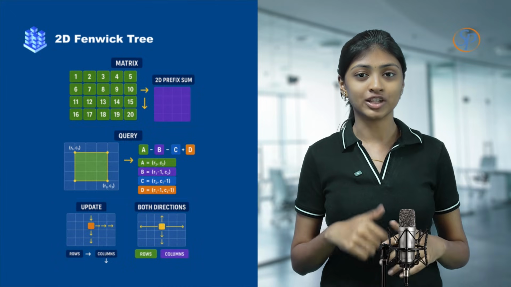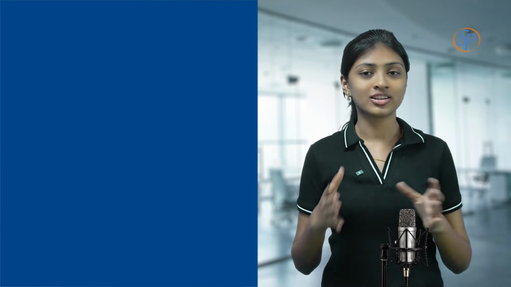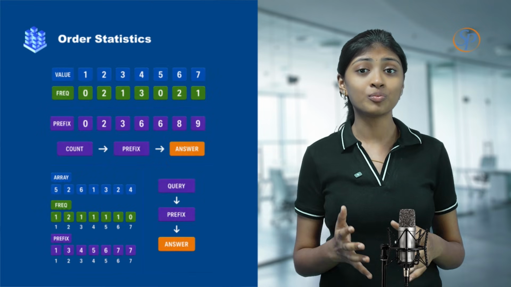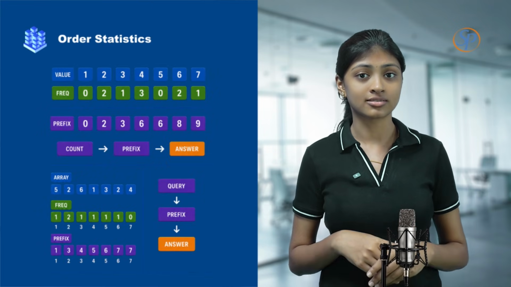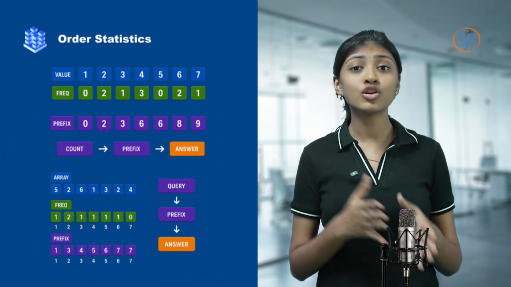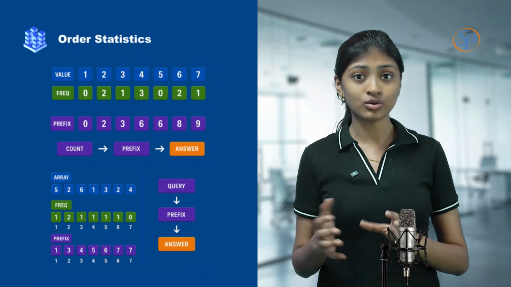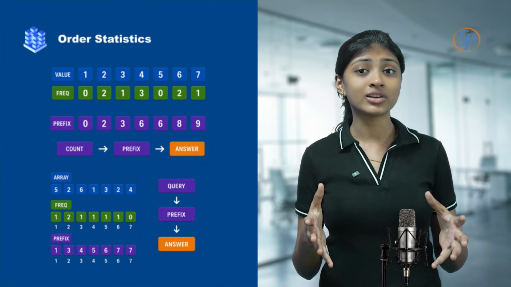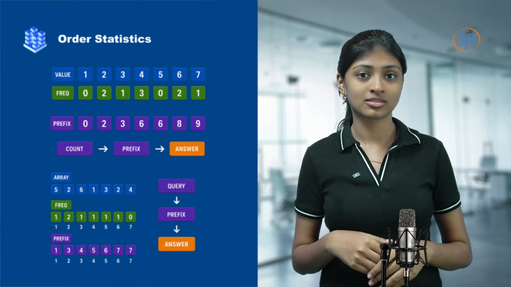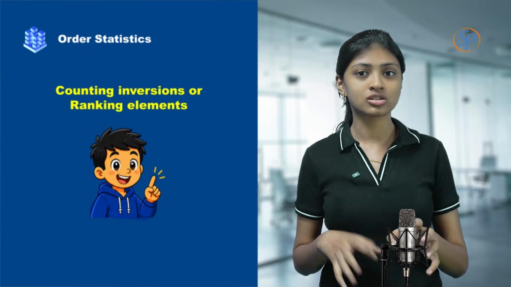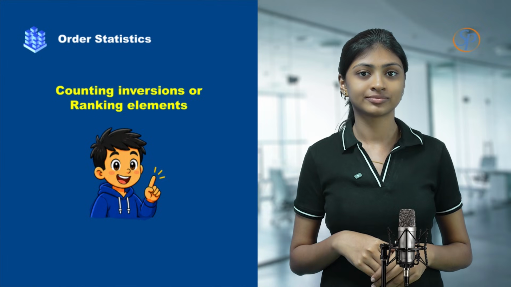Now one powerful use. Order statistics. Fenwick tree can also be used to count frequencies. For example, if you want to know how many numbers are less than or equal to a value, you can store frequencies and query prefix sums. This is heavily used in problems like counting inversions or ranking elements.